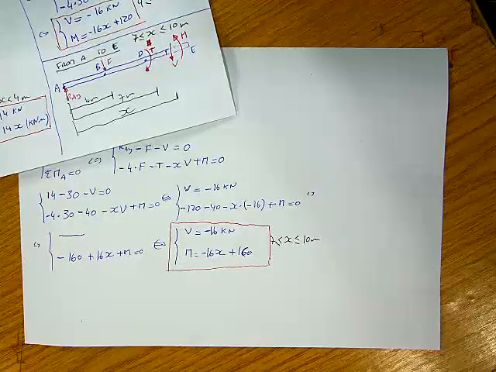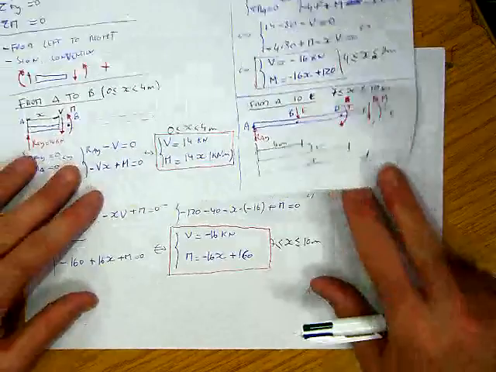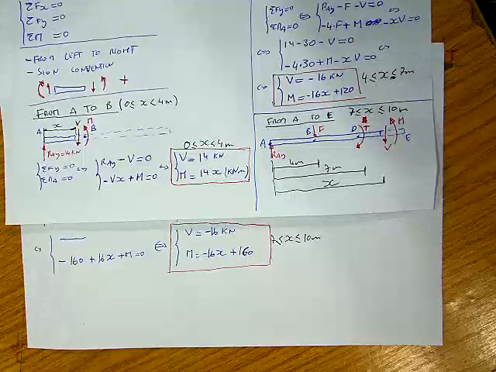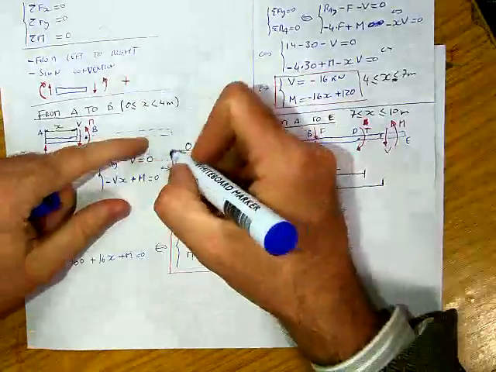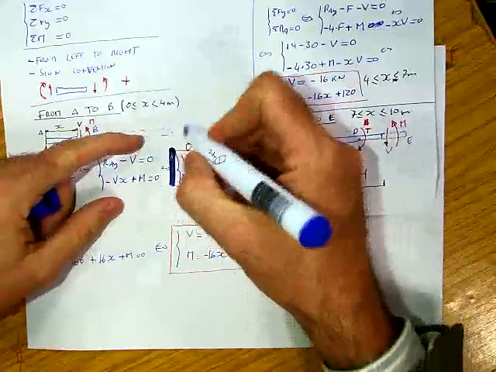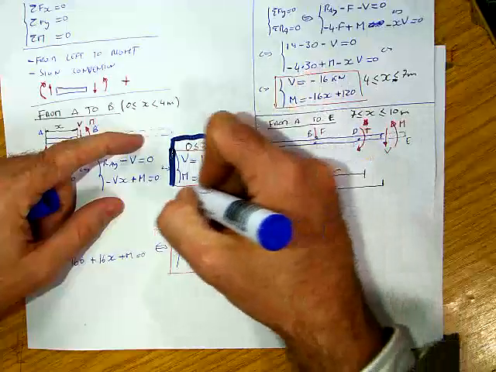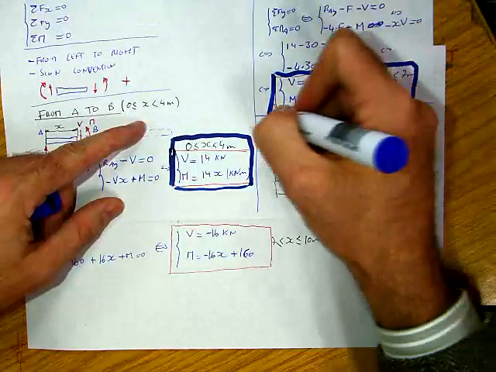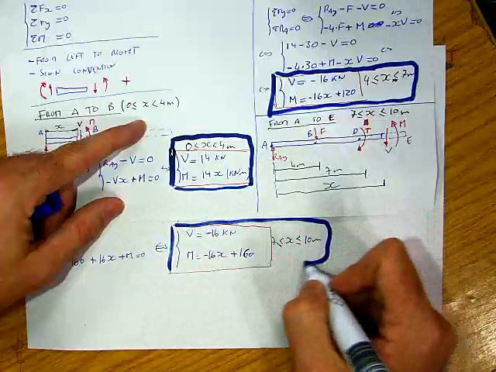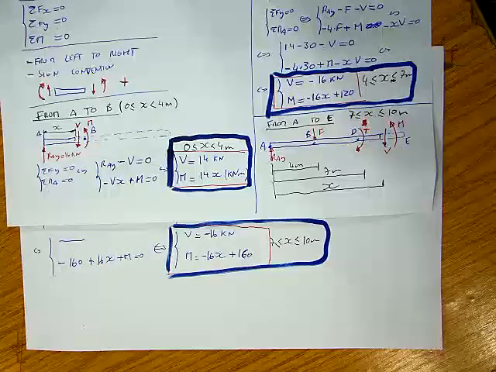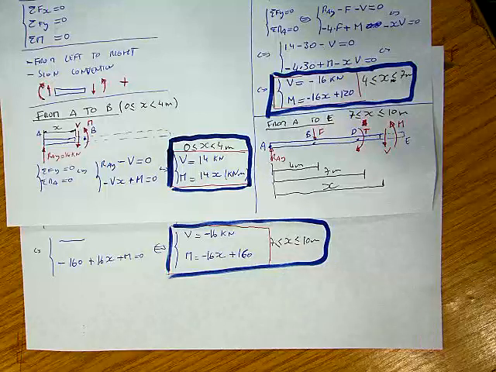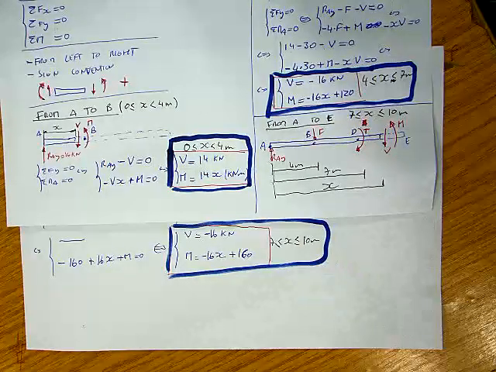If you look into this carefully, I've obtained basically, oh, this is probably not the best color to use, but 1, 2, and 3 equations over here. So these 3 equations on 3 intervals will determine my diagrams.